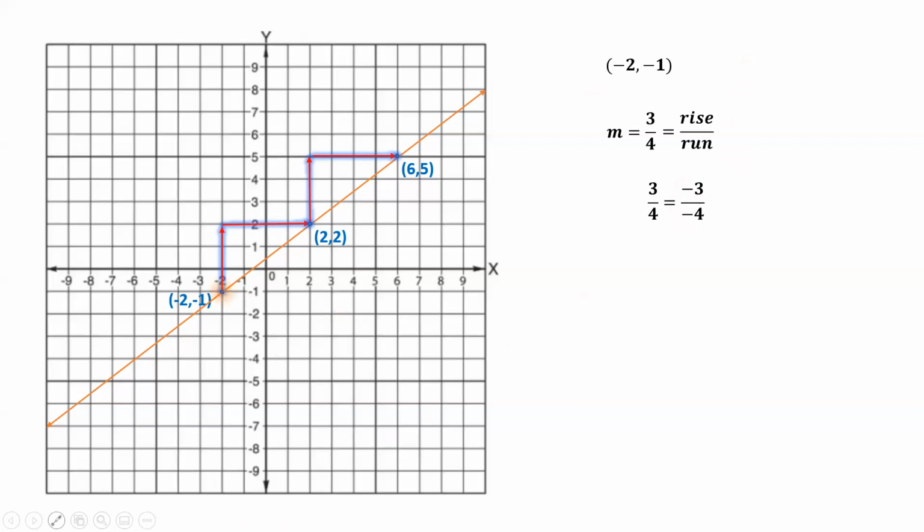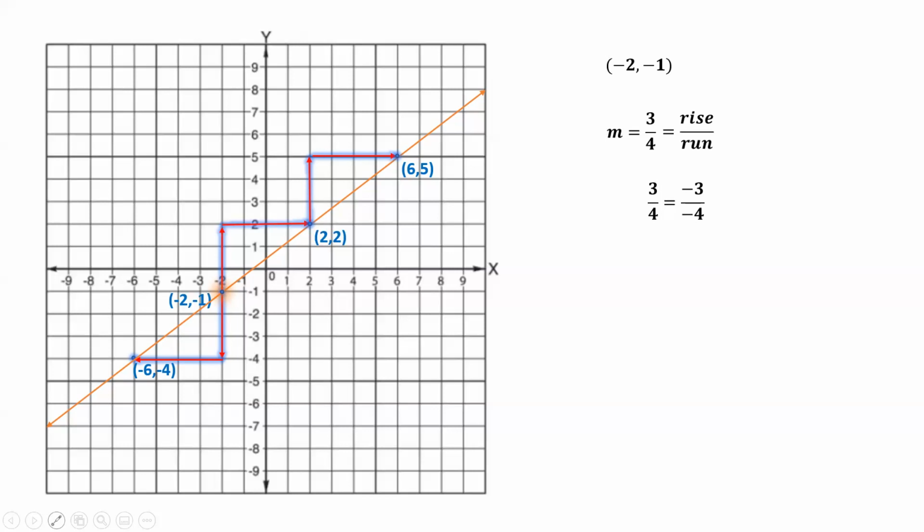Let's go back to our original point. And instead of rising 3 units, we're going to fall 3 units and then run to the left 4 units. And what I see, again, is that I'm going to end up at a point on the line, but now it's with the coordinates -6, -4.